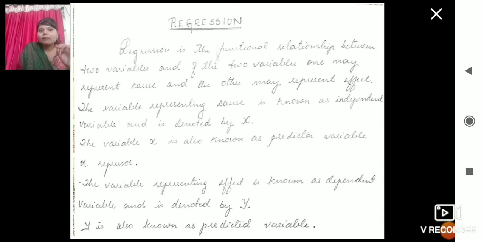The variable representing the cause is known as the independent variable, denoted by x. The variable x is also known as the predictor variable or regressor. The variable representing the effect is known as the dependent variable, denoted by y.